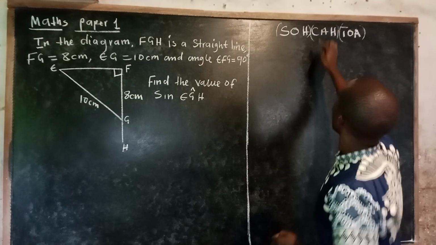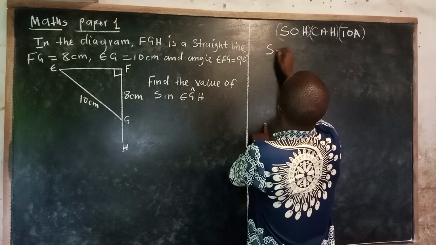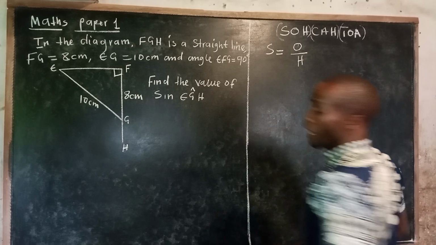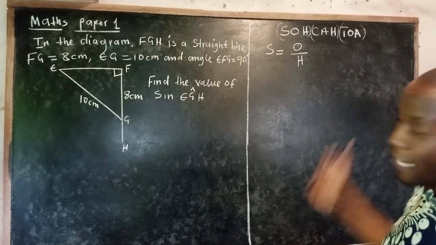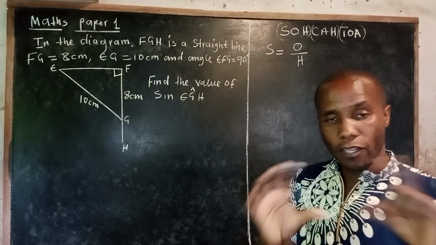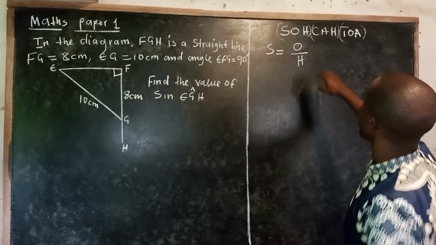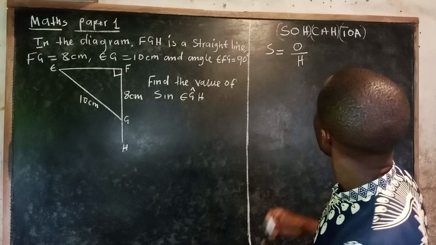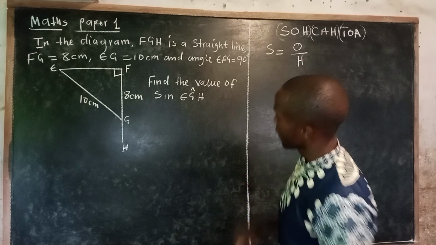So for sine, we are going to dwell on this one. Sine is equal to opposite over hypotenuse. Having done that, you have seen the good part of SOHCAHTOA: it has really helped you to come up with the ratio.